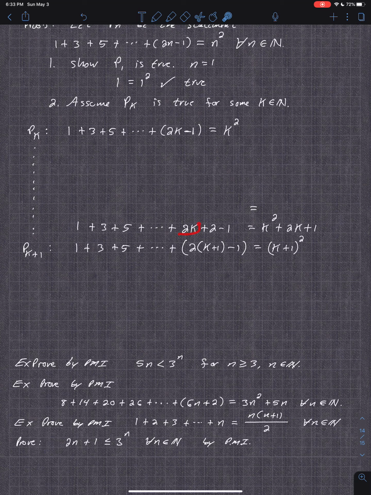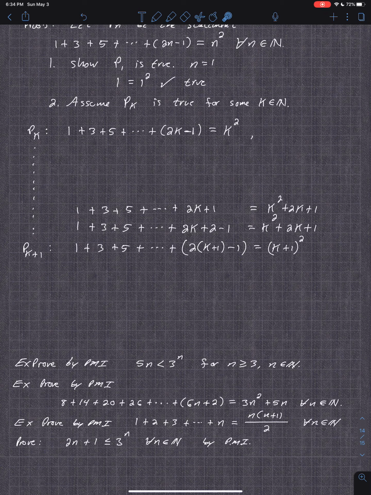And here's 2k plus 1, if you were to simplify that. And then all this is the same. So basically, what you're going to do is add what's missing. This gives you your clue of what to do on both sides. And since it's on both sides, that's a legal move. That's a logical math move.